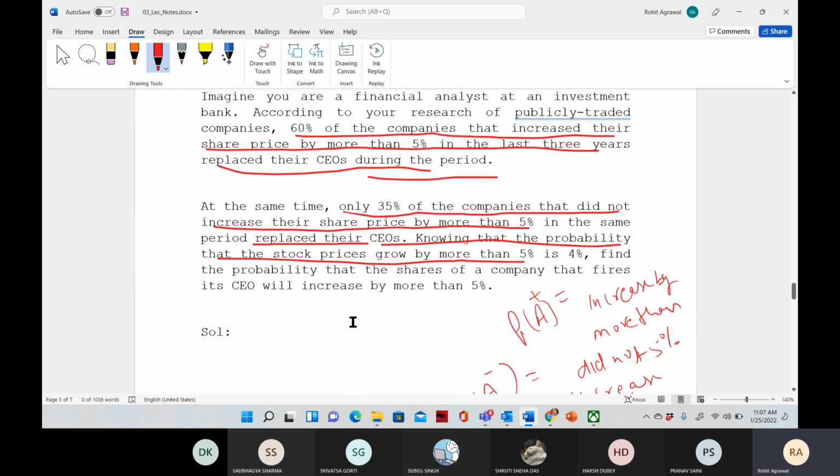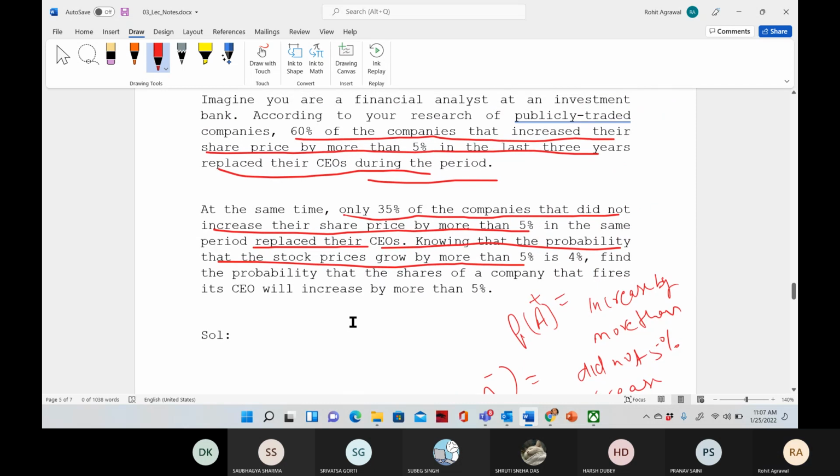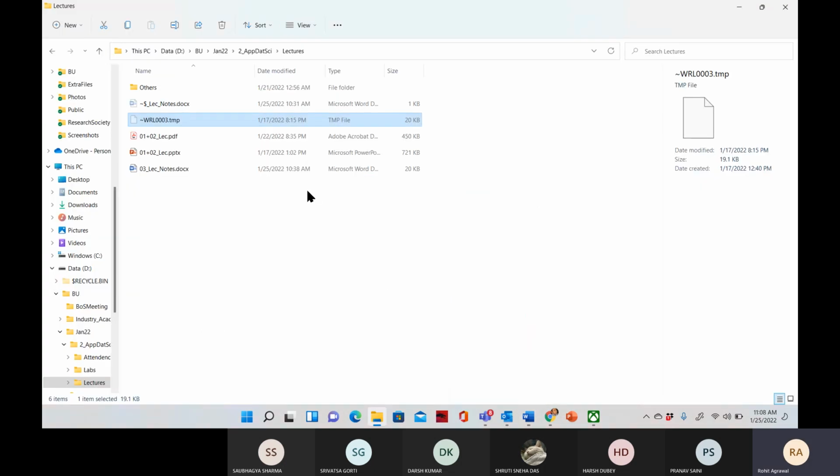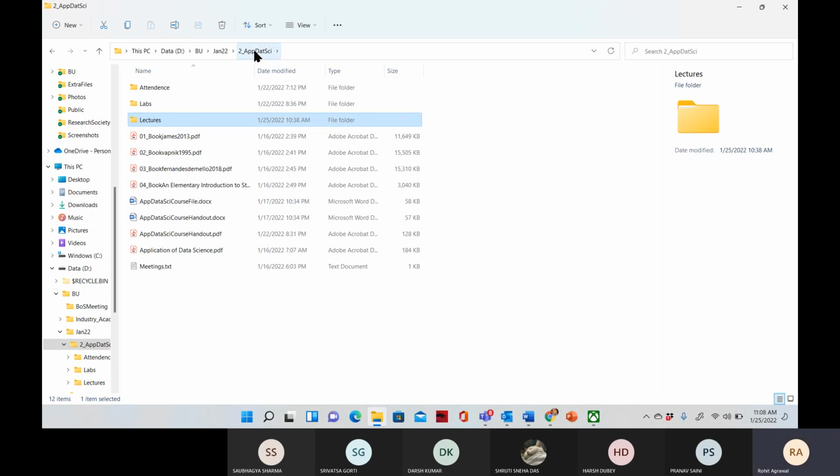क्वेश्चन आप नोट कर लिया ना? ओके, आप ट्राई कीजिए और आई एम सर्चिंग अ बुक इन माय डायरेक्टरी। So all the 4 books that are given in your course handout are available to me.